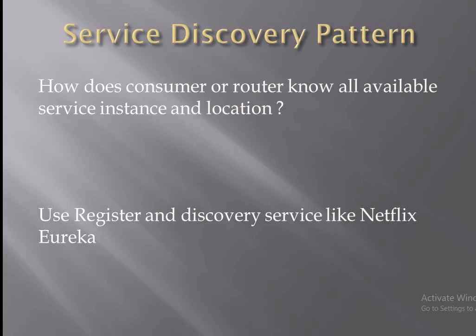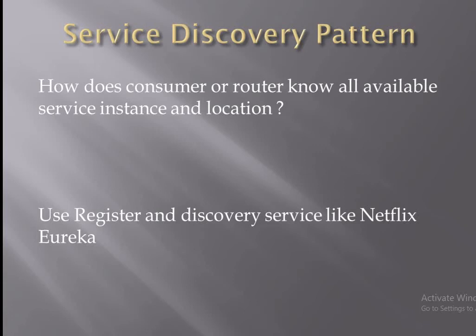So now we have many microservices that are deployed in your application servers or in your machines. Now, how does a consumer or router know what all available service instances there are and what their location is?